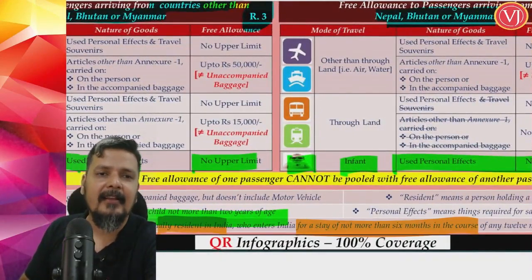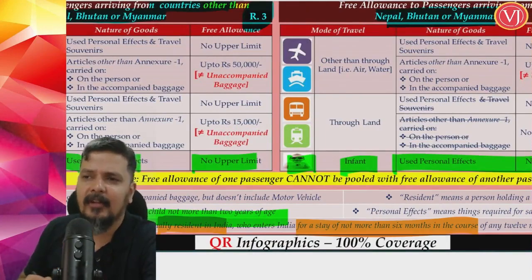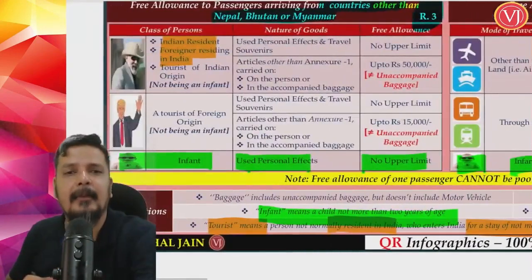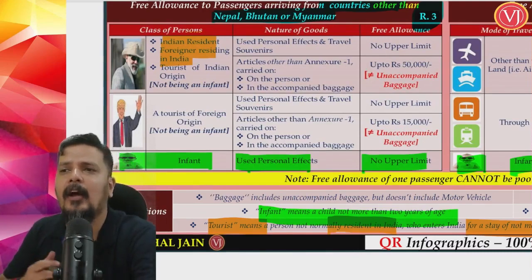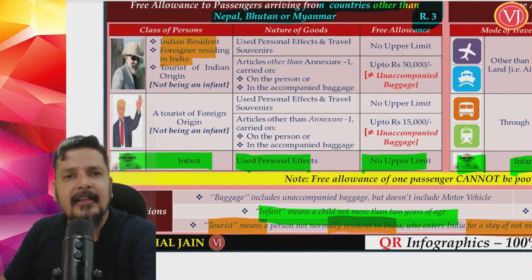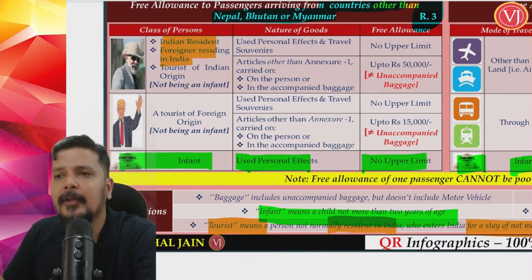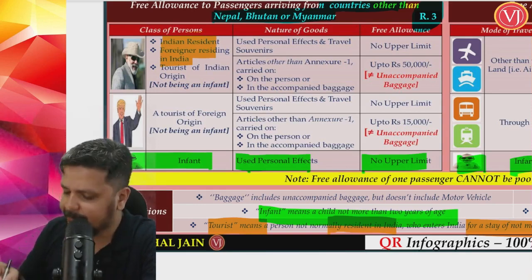Say for example, a foreigner has come to India and is taking a spiritual course for a long time in Isha Yoga. He is a foreigner residing in India. He is not a tourist as per your GST law as well as your customs law. The definition in both GST law and customs law is the same.